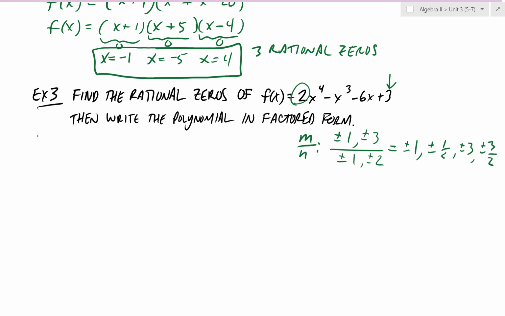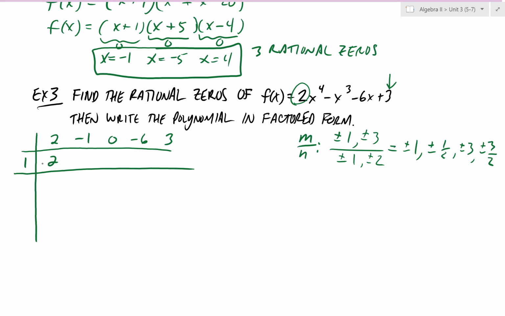And we need to notice that f of x is missing a term. Which term is it missing? X squared, so it's going to be 2, -1, 0, -6, 3. And I'll start by trying 1.